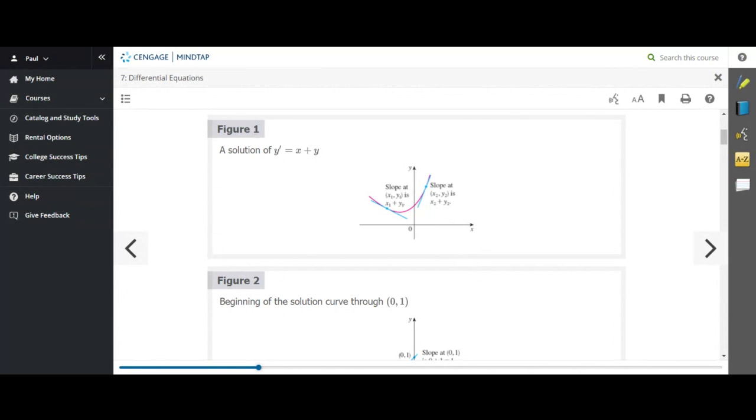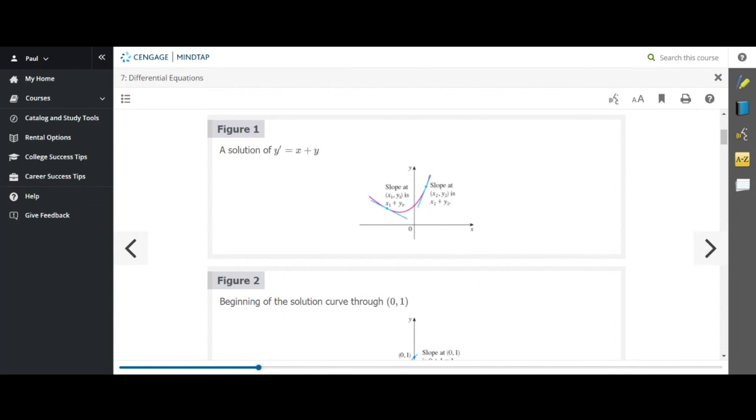What they've done is they've picked two points, one in the first quadrant, (x2, y2), and another point in the second quadrant, (x1, y1). Let's focus on the point (x2, y2). It's in the first quadrant, and they're saying that the slope of the tangent line to the solution at the point (x2, y2) has to be positive.